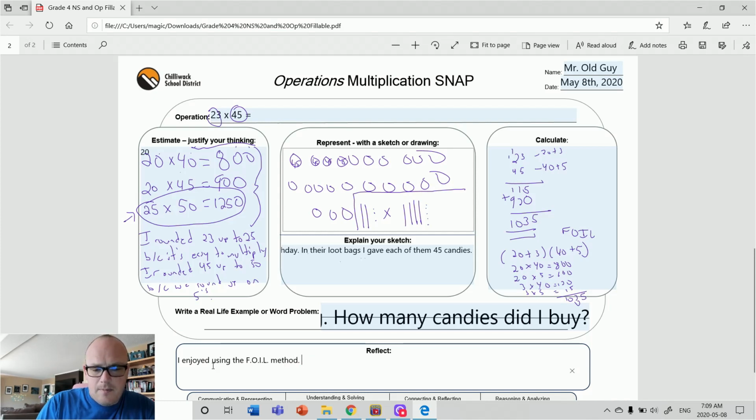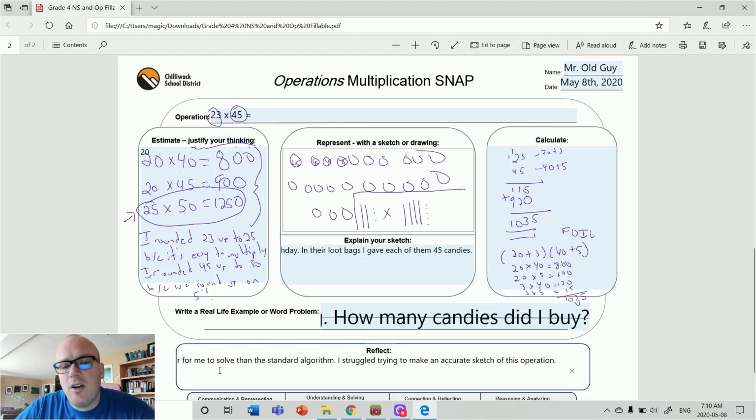It is easier for me to solve than the standard algorithm. I struggled trying to make an accurate sketch of this operation. So I just reflected on the process.